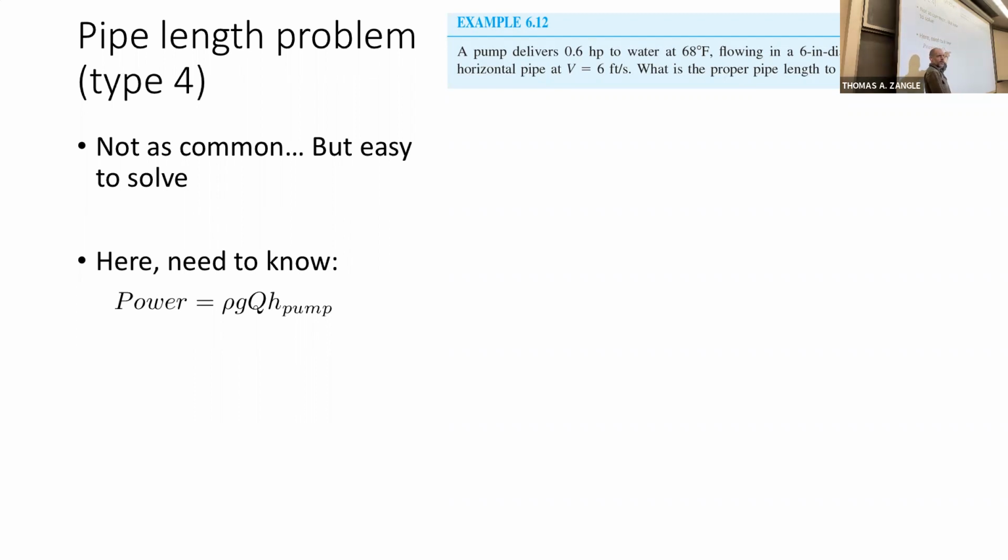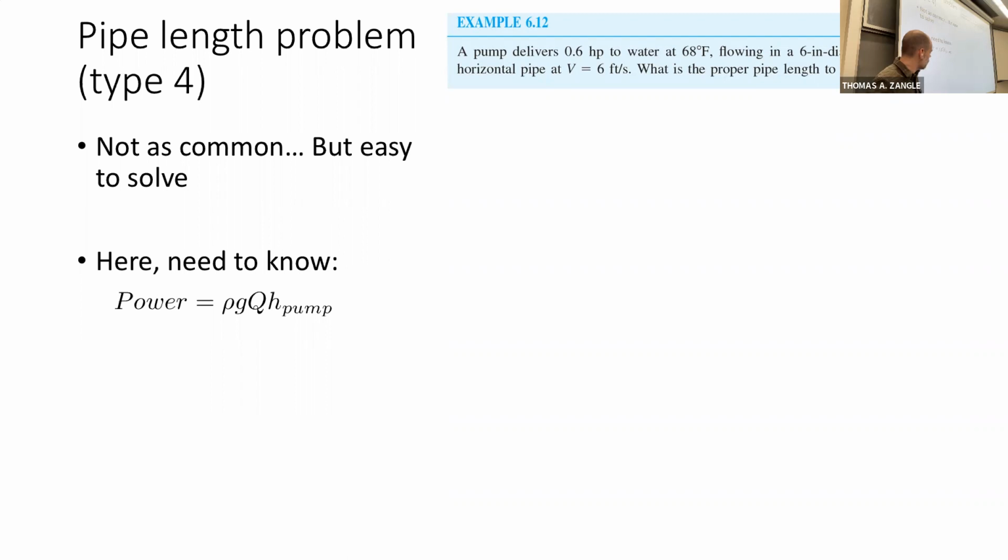So the power, in terms of the head developed by the pump, depends on the density of the fluid times gravitational acceleration times our flow rate Q. Since we know the fluid, and we know the diameter, and we know the velocity, therefore we know the flow rate. We can use this expression to straight away find the head that's being developed by this pump, right? So we know H in this problem, or we have enough information to find H from the outset.